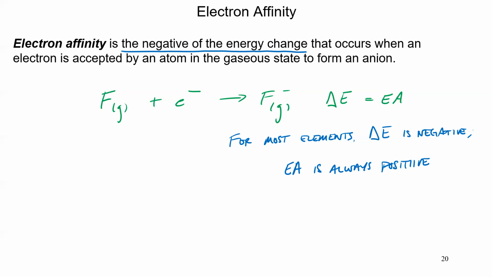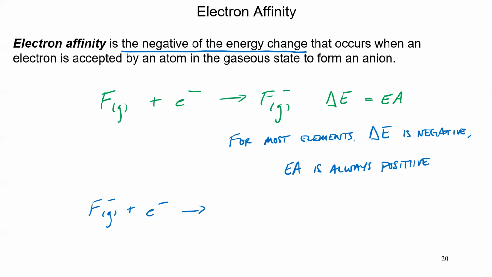Now, unlike ionization energy, where we remove another electron, the second electron affinity doesn't really exist. The reason is, if I have F minus in the gas phase and an electron, I have something that's negatively charged and another thing that's negatively charged.